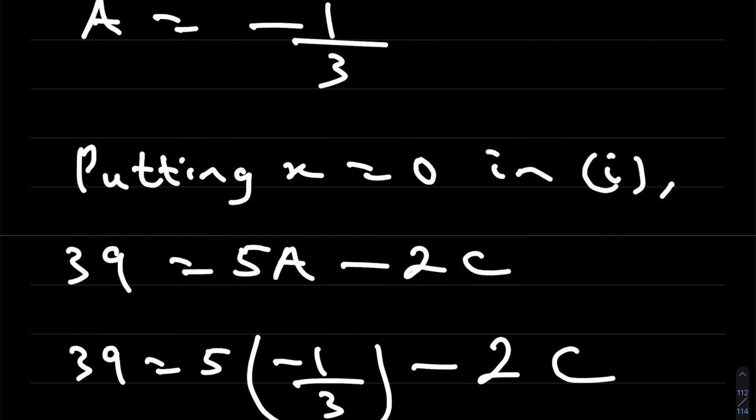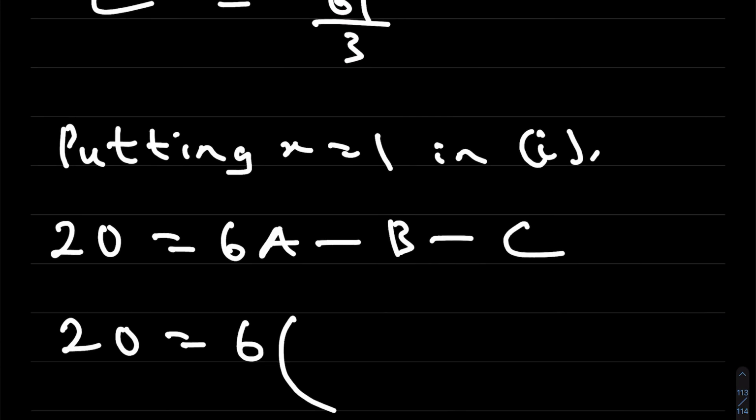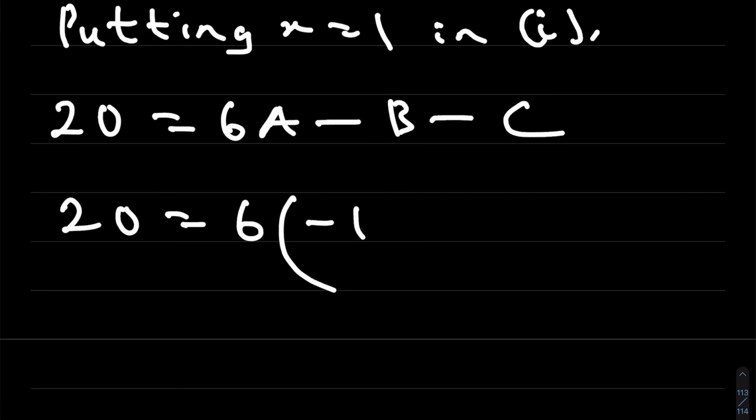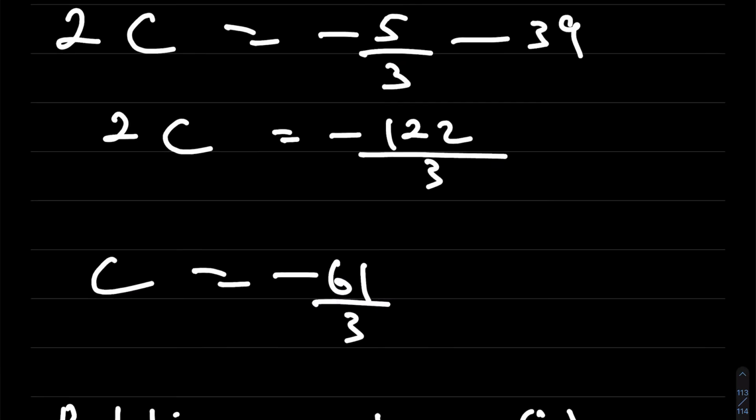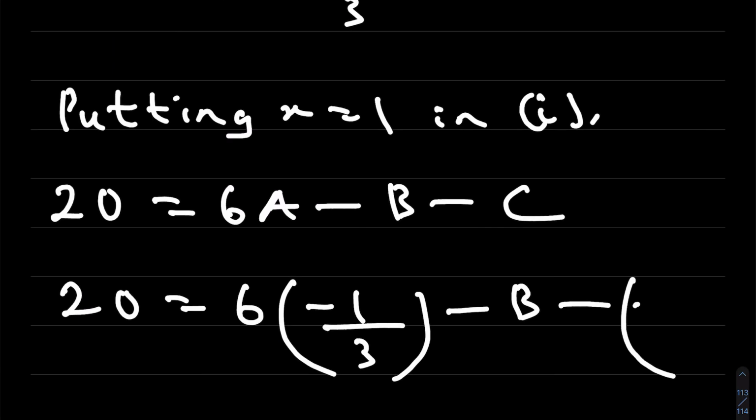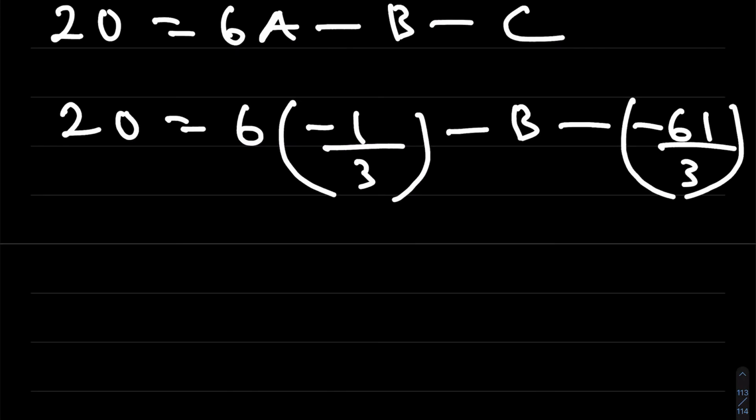I already have a is minus 1 over 3. 6 times minus 1 over 3 minus b, that's the only one we don't know yet, minus c. And what's c? Minus 61 all over 3. Now what does this mean?